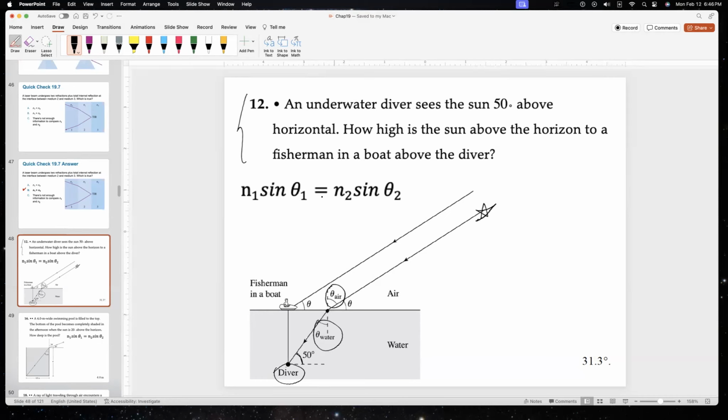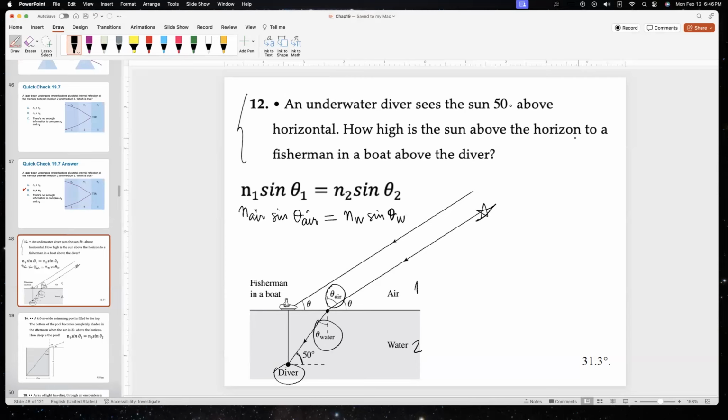And we use Snell's law. So it will be n air sine of theta air equal to, let's call this medium 1 and this medium 2, n water sine of theta water.